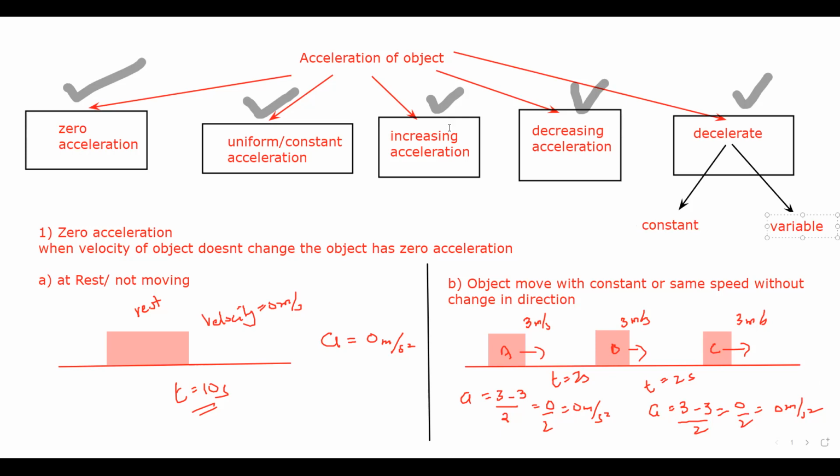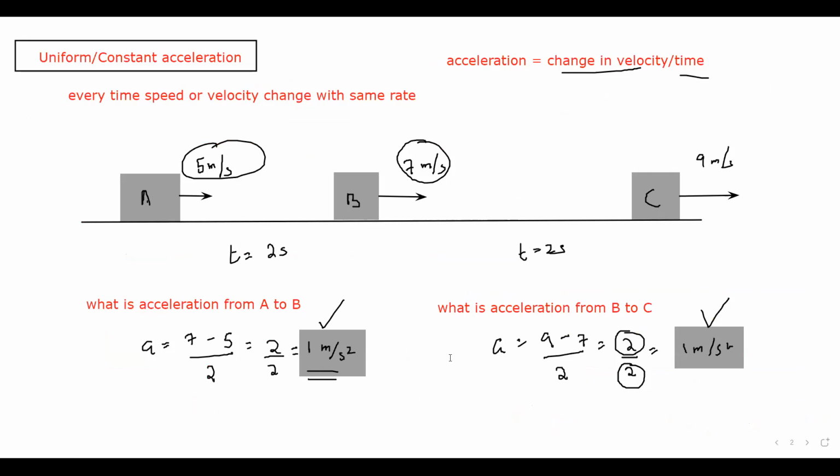Is it clear, the concept first about acceleration, which is a change in the velocity in unit time? So change in velocity divided by time we call acceleration. And acceleration can be a zero acceleration, it means the object does not change the velocity. It may have a uniform acceleration, which means velocity will change but with the same rate.